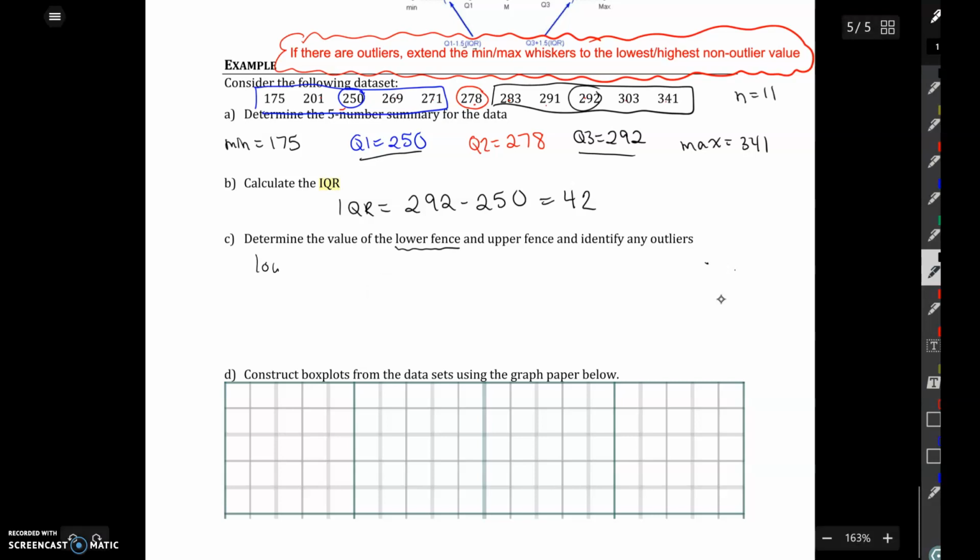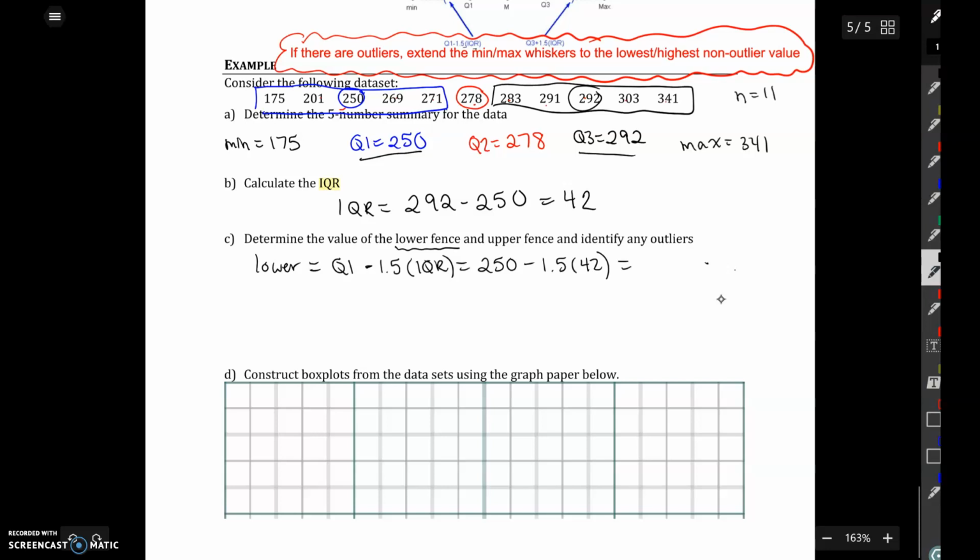So the lower fence is found by starting at our Q1 value and subtracting from it 1.5 times our IQR value. So we take 250 and subtract 1.5 times 42.